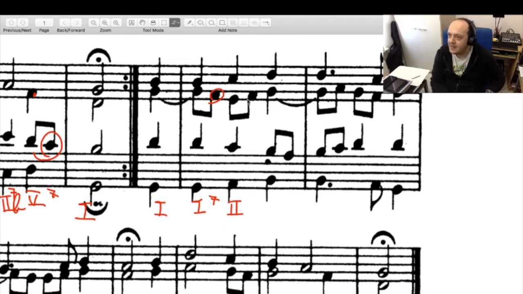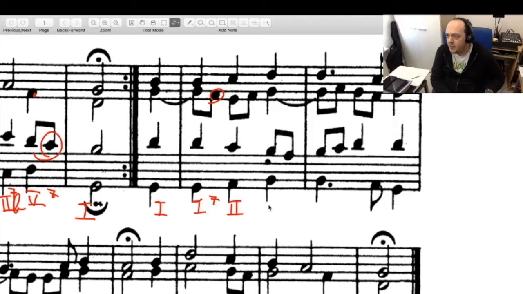Is there a chord occurring on the second quaver here? Yes, there is, I think. What do I have? Fa, la, do, twice. So that's chord 7 on the second quaver. Will I analyze it?